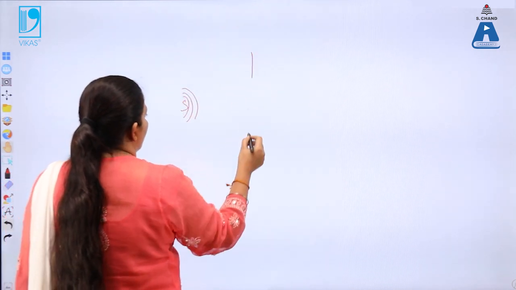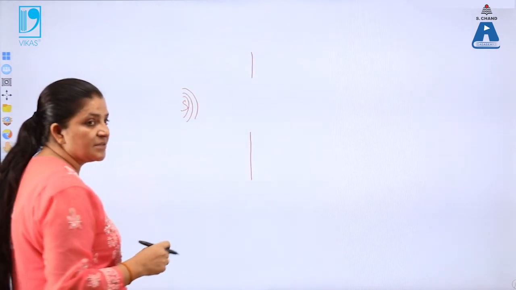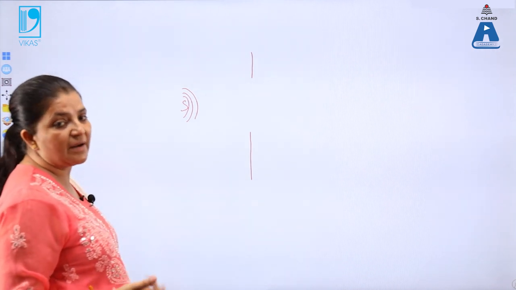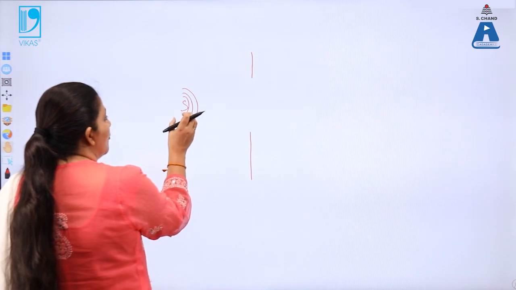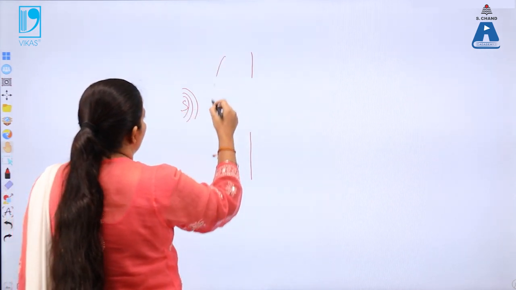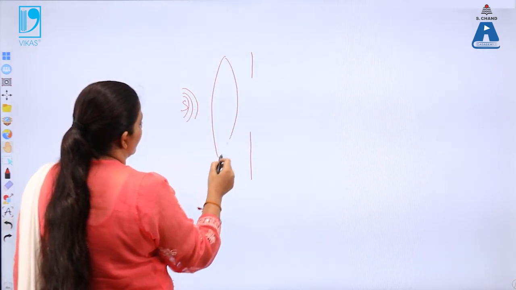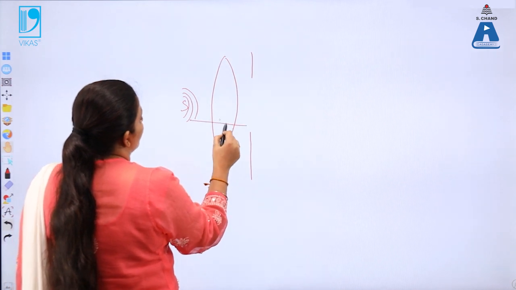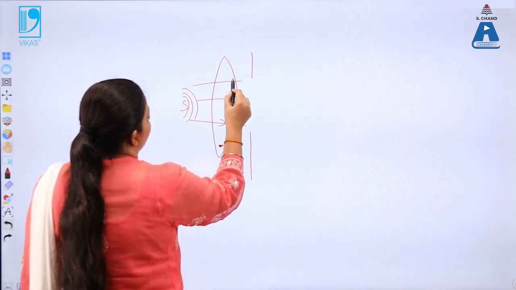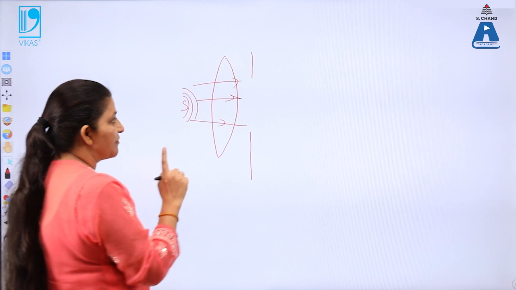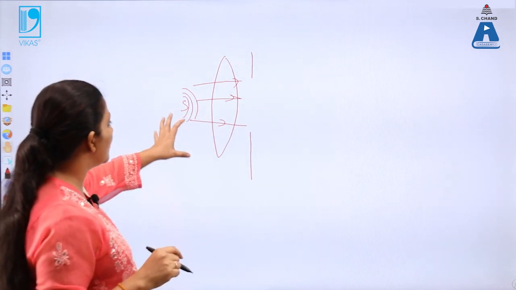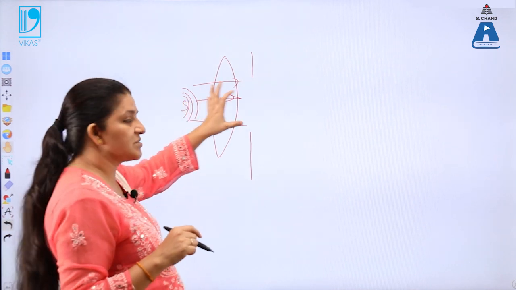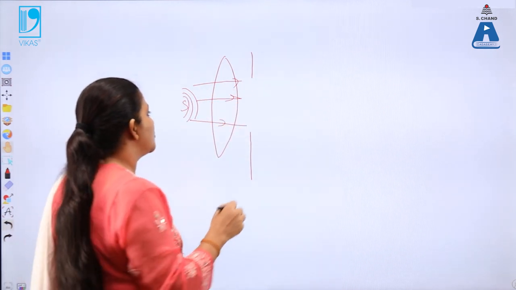Again, this is a slit, around which there occurs bending of light. Now in order to converge the light from the source to the slit, one lens is placed over here. So due to this lens, this spherical wavefront will be falling on the slit.